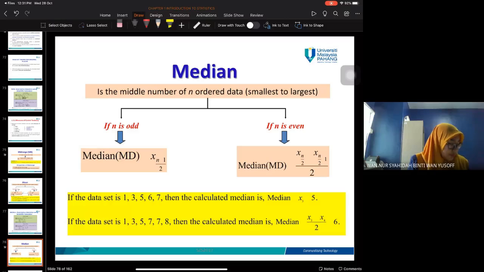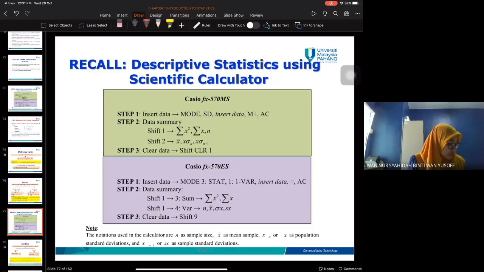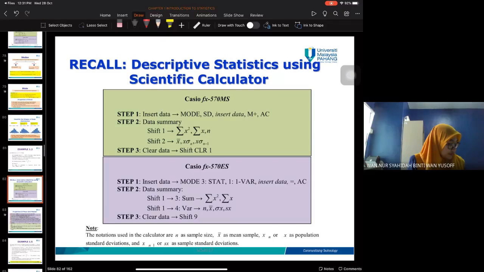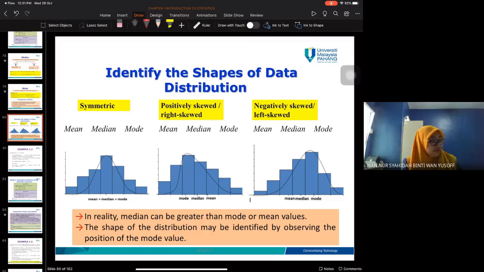Okay, we missed this one. Sorry. So, identify the shape of the data distribution.